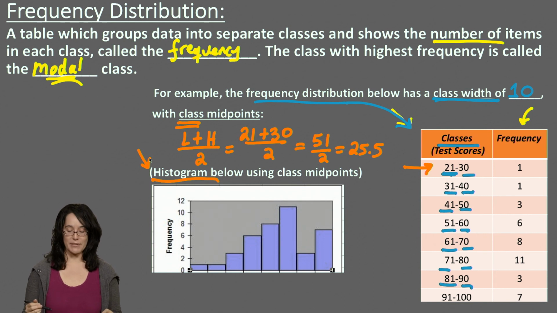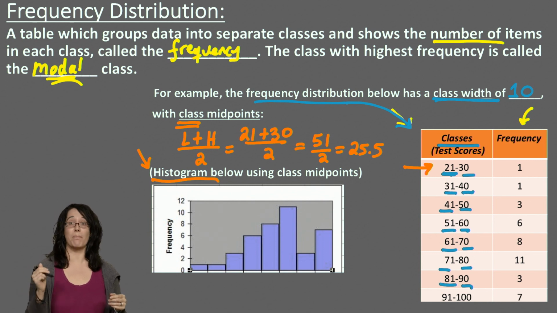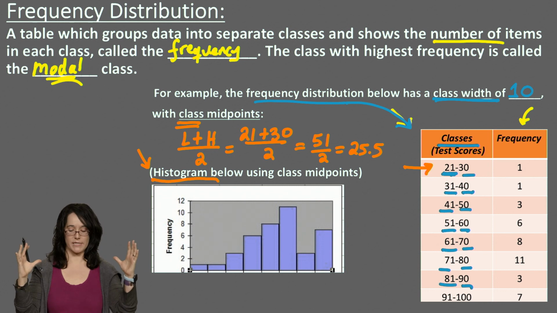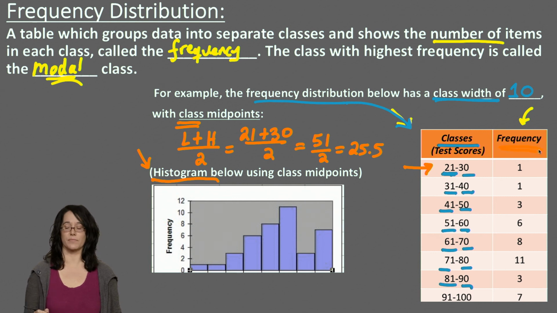So for example, I'm going to just tell you in advance that this histogram on your slide represents the special bar graph where all of the bars are touching and where each class is represented by its midpoint. So for example, if you look carefully at this nice picture here, we notice that each of the bars has a certain height. That height is your frequency, okay?